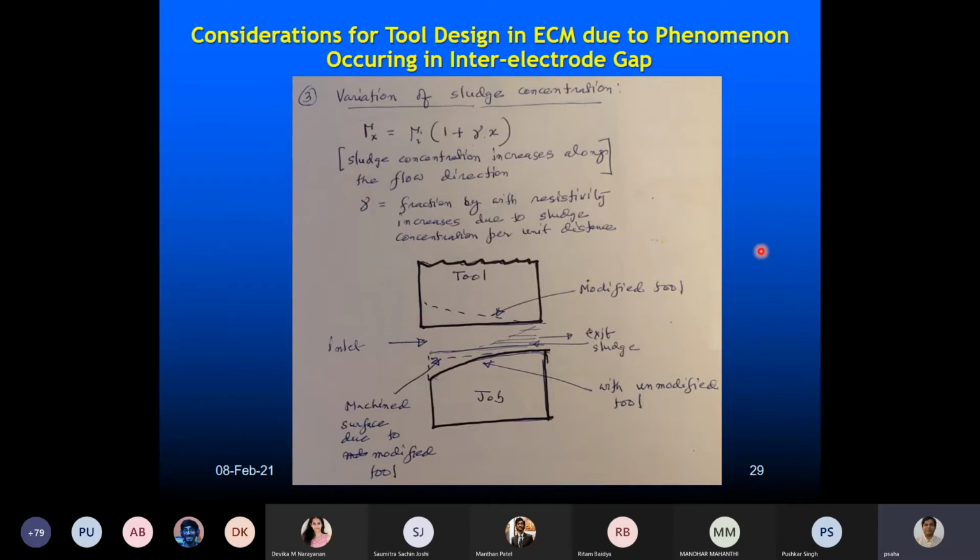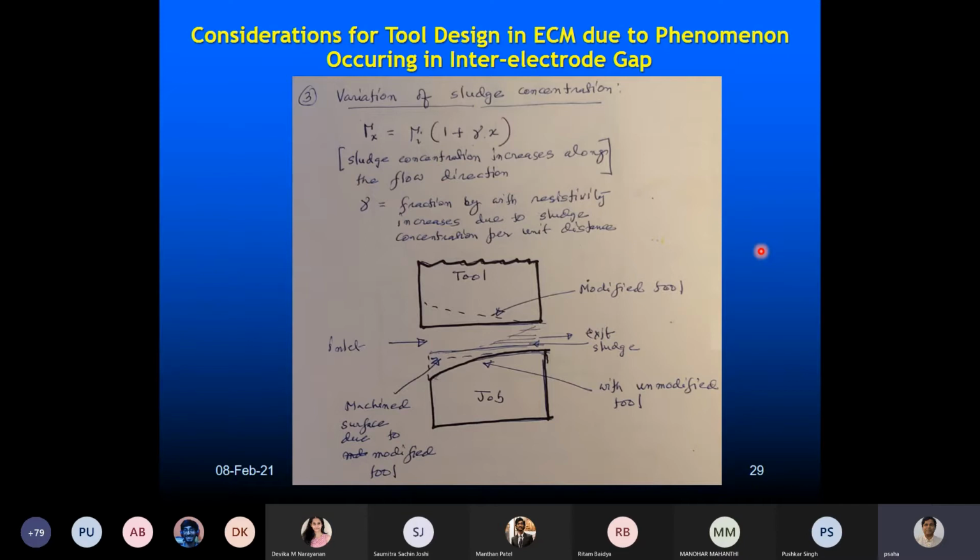Like for ferrous materials, when you use a copper tool, ferrous materials and sodium chloride electrolyte, aqueous solution. Okay, what will happen? We have ferric hydroxides, which are very dark brown in color, in very fine particles, they will settle. They will get produced eventually, but because of their insolubility in the solution, they will get settled down.